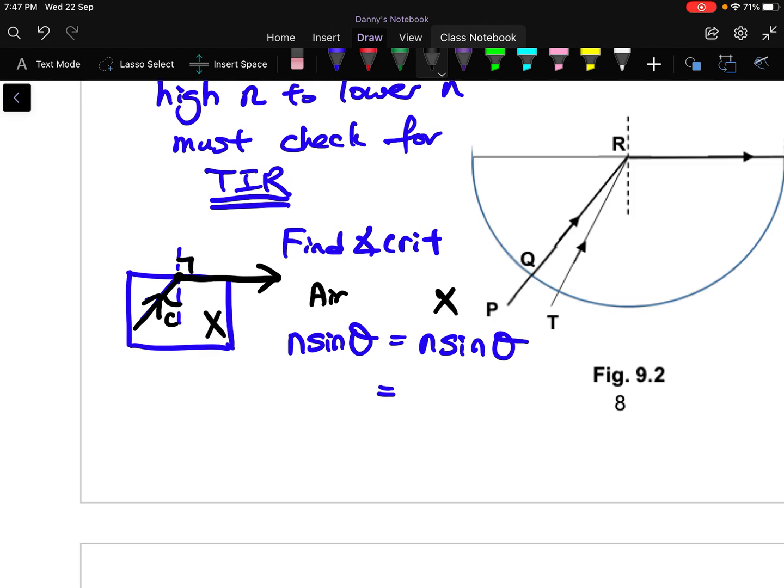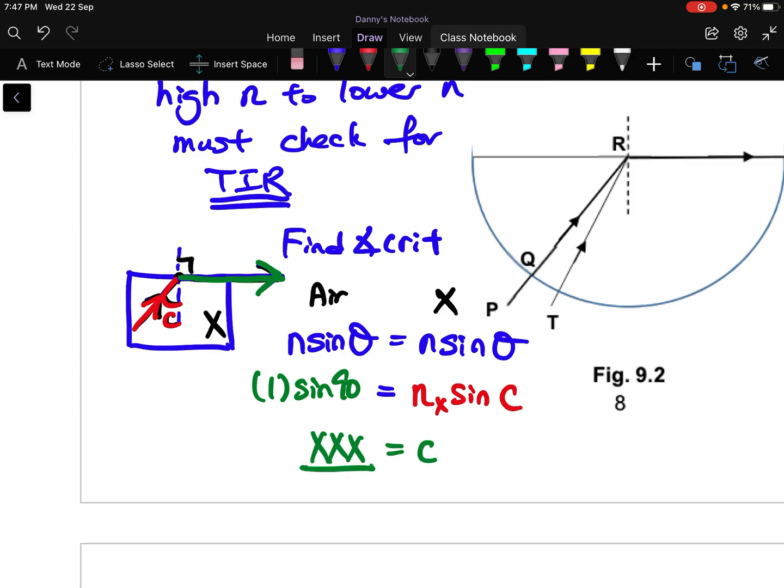Well, the critical angle of substance X will be when the ray goes from substance X at this particular angle called the critical angle, the resulting ray, I use green, will go along the boundary. So I will get something like this.